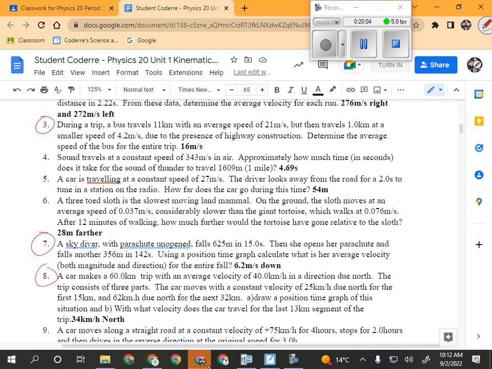Just try 3, 7, and 8. Direction is not important for any of them because it asks, well actually for number 8 it asks for velocity, but everything is north, so it doesn't make any difference anyway.